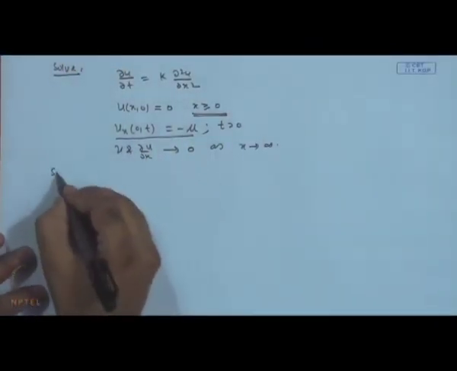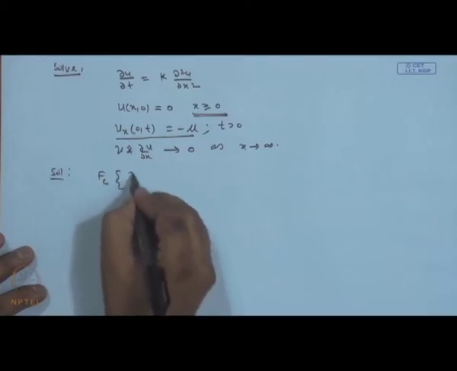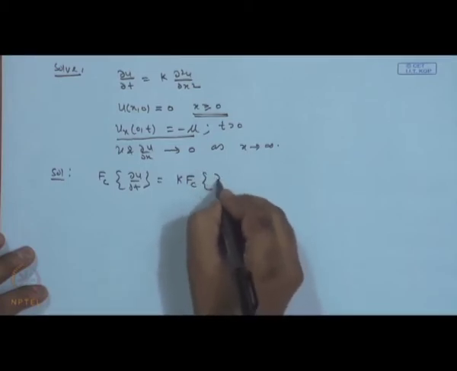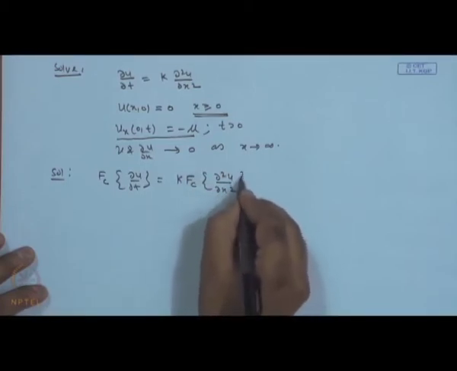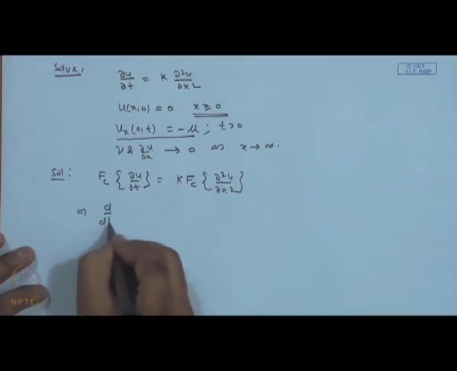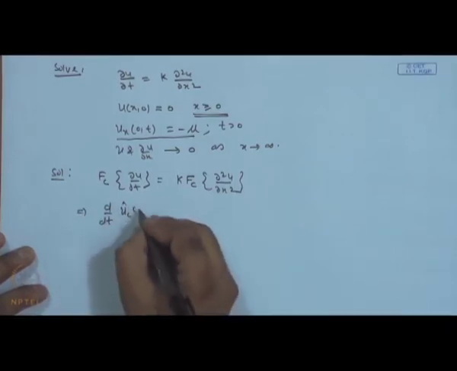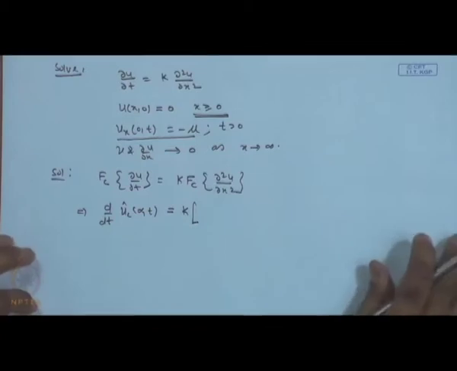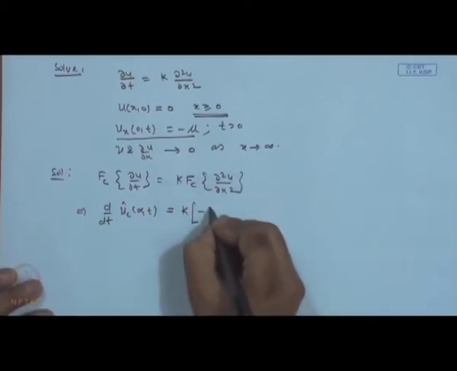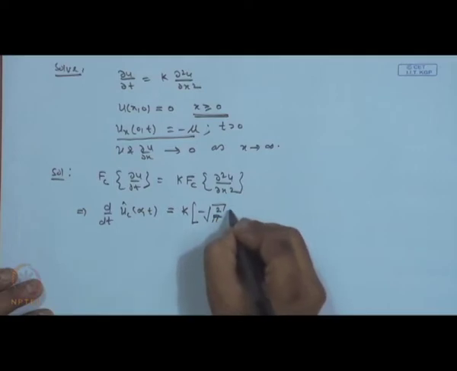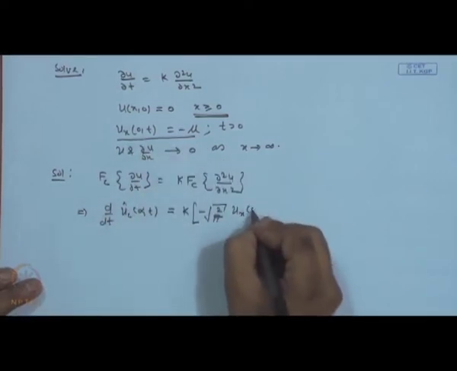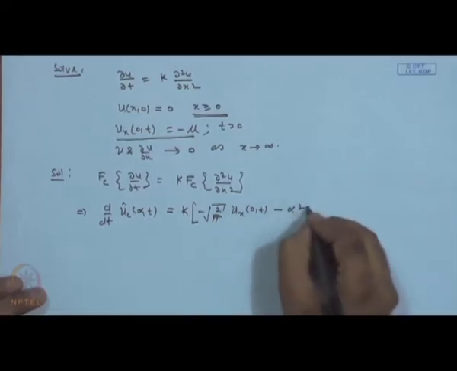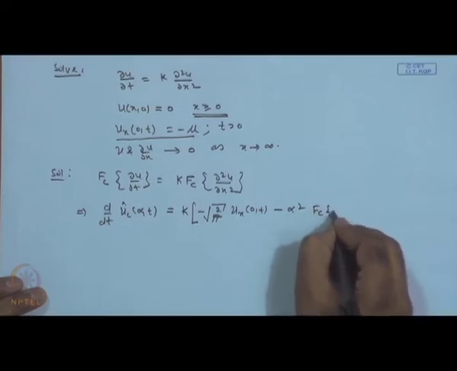So, taking this Fourier cosine transform of del u over del t and k times the Fourier cosine transform of del 2 u over del x square, what we get here is d over dt of u cosine hat, which we denote by alpha, t, and we have this k, and now the Fourier cosine transform of this. By that formula we have square root 2 over pi times u_x at 0, t and minus alpha square and the Fourier cosine transform of u.